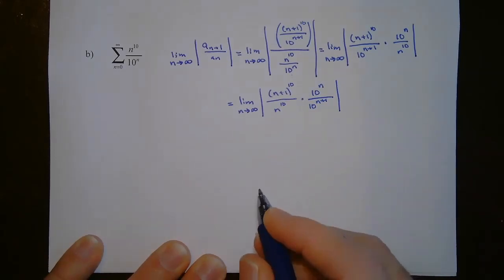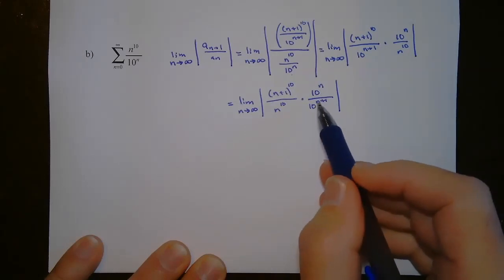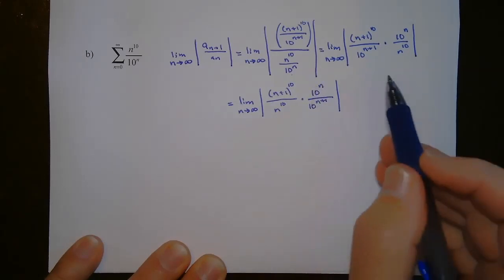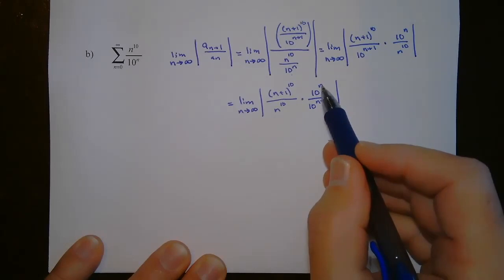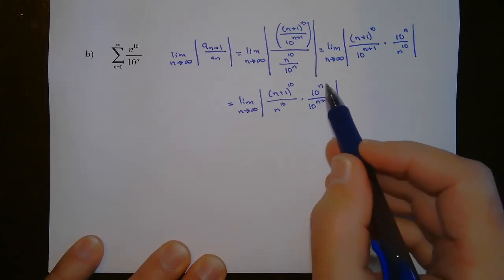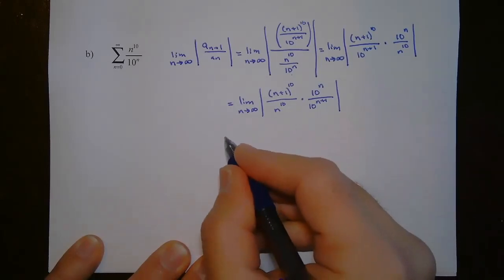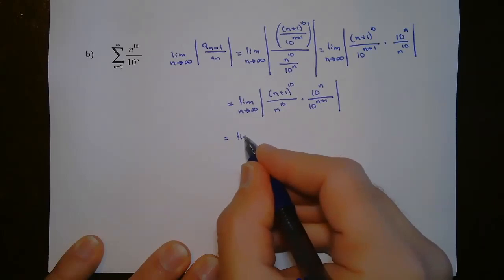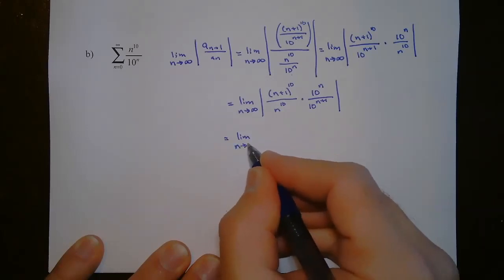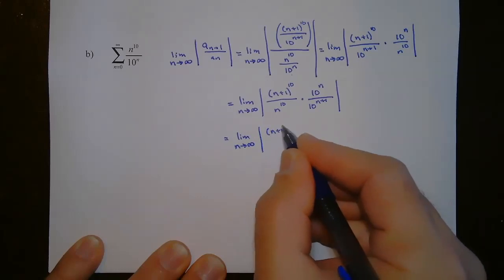Now, this becomes 10 to the nth, and then using exponent rules, this is 10 to the n minus n plus 1. So that'd be 10 to the negative 1, or 1 over 10. So this is equivalent to the limit as n goes to infinity of n plus 1 to the 10th.